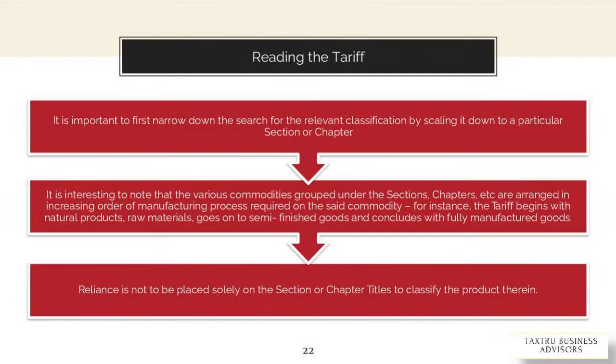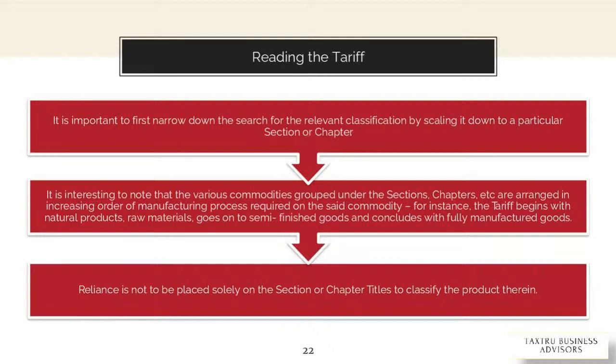Now it is very important to see that first you go to the particular section, then you scale down your search to that particular chapter. But if you see the design of all these headings, you will find a certain order in them. What is that order? In a particular heading, it is designed in a way that it starts from the parts, from the raw material which is used to make that item to which the heading belongs.